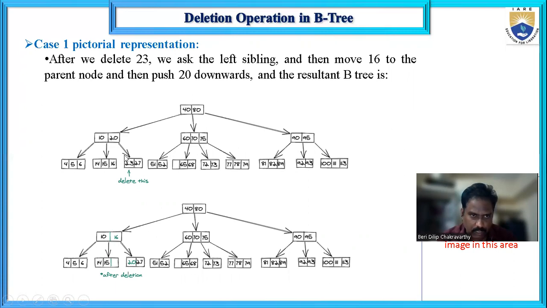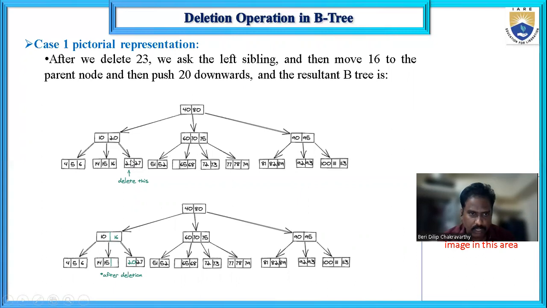I'll get 16 here, so now it becomes 16, 23, 27. The least one in the right sibling is sent upwards. That means 16 is sent upwards and 20 comes here. Okay, 20, 27. I hope it is clear.